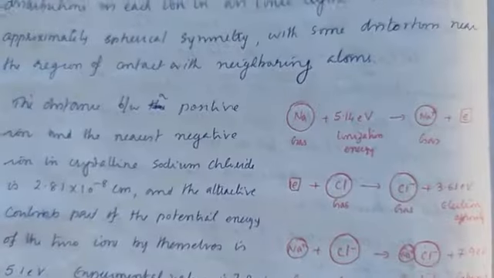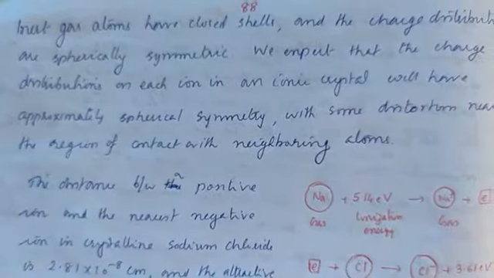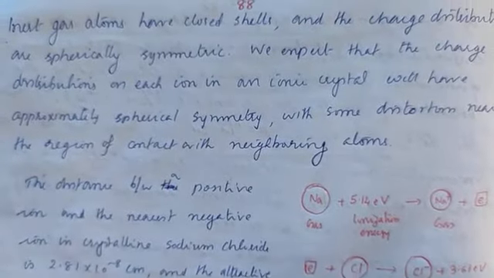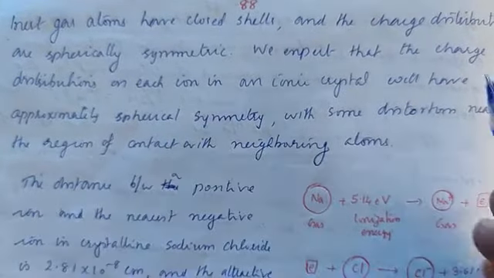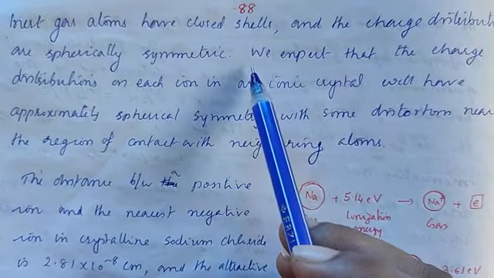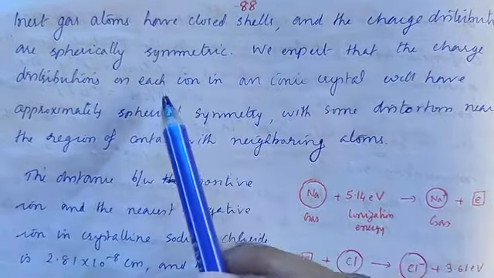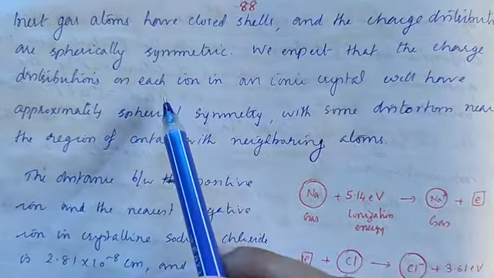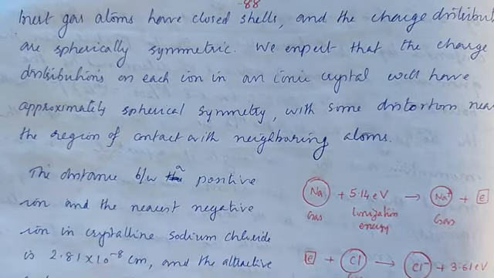Now, the inert gas atoms have closed shells and the charge distributions are spherically symmetric. We expect that the charge distribution on each ion in an ionic crystal will have approximately spherical symmetry, with some distortion near the region of contact with neighboring atoms.